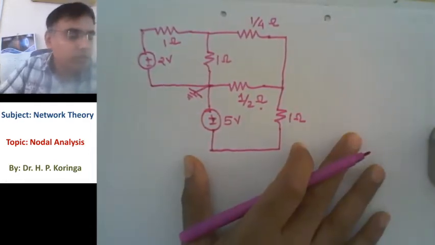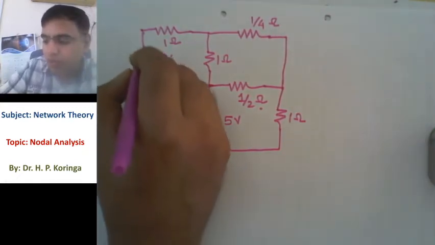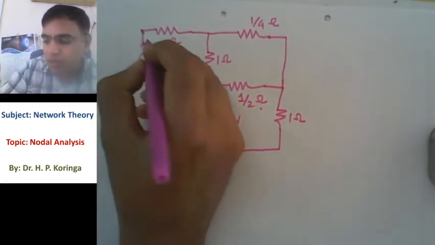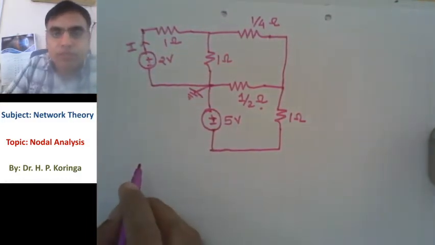Question is, find the current passing through the 2 ohm source in the figure using the nodal analysis.